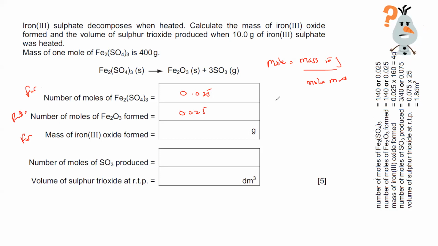So moles of iron 3 oxide is 0.025, mass in gram is unknown, and the molar mass, the mass of one molecule of iron 3 oxide, is 160. If this 160 is divided, on the other side it will be multiplied. So 0.025 multiplied by 160. So how much iron 3 oxide formed? That is 4 grams. Is it clear? The third part?